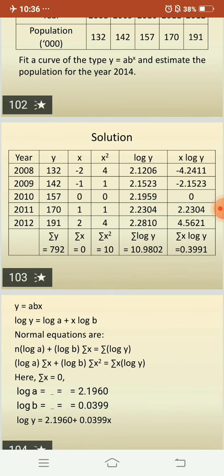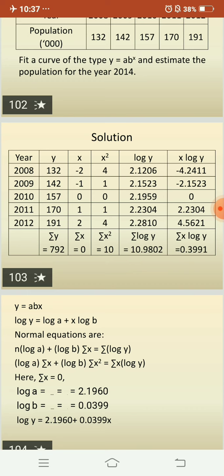First you need to consider the years given: 2008, 9, 10, 11, 12, and consider the y variables. Those are the given population, mentioned in 1000 units. The y variables are 132, 142, 157, 170, 191. The sum of y is 792. Now take the x values.